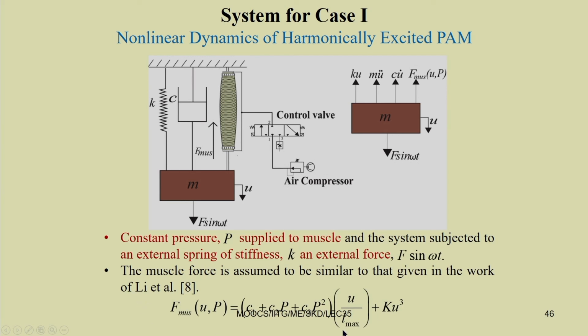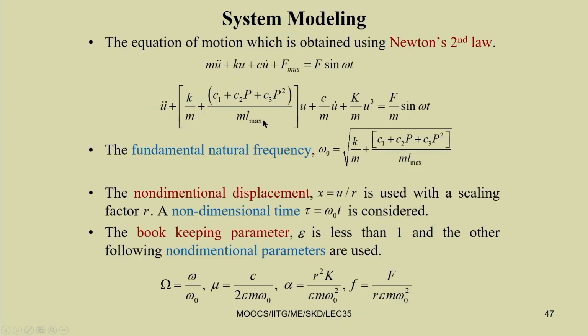These 4 parameters C1, C2, C3 and K can be obtained by performing actual experiments. So, one can find these muscle parameters. Now, the equation of motion can be written as m u double dot plus k u plus c u dot plus F muscle equal to F sin omega t.